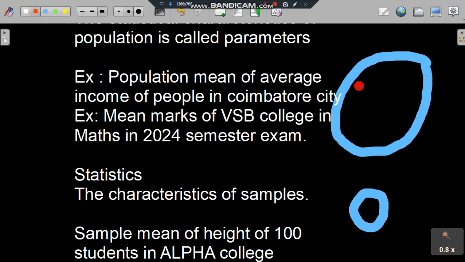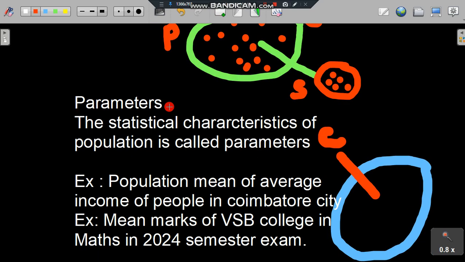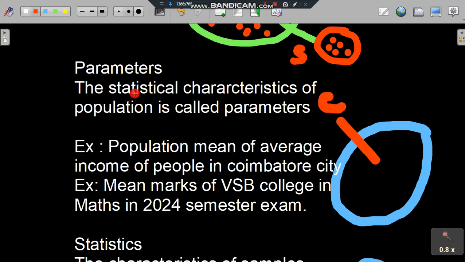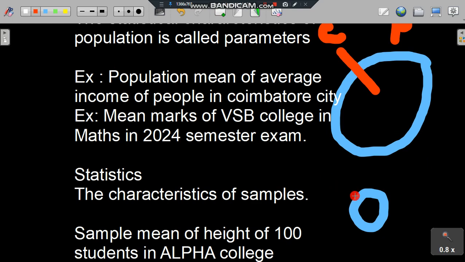Any characteristic of the population is called a parameter, whether we are finding the mean, standard deviation, kurtosis or correlation. Whereas any characteristic connected to the sample is called a statistic.